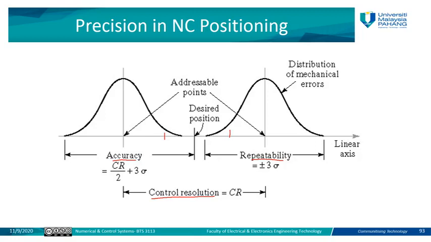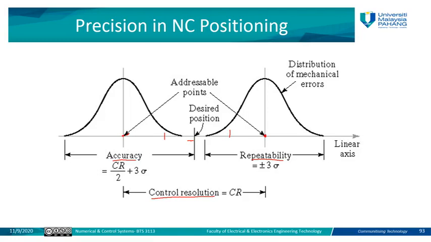This is the desired position that we want, this is the addressable point for the first pulse, and this is the addressable point for the second pulse on the linear axis. As the desirable point and these points are too close to each other, the CR resolution will be decreased.